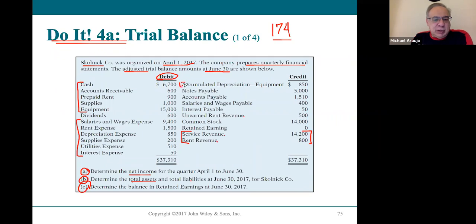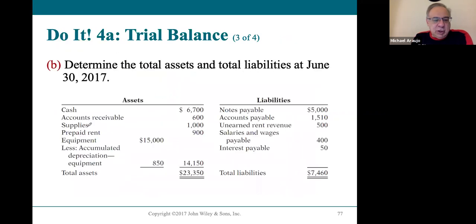Plus your accumulated depreciation is going to piggyback on the equipment with the assets because it's a contra asset account. So when you look at your assets here, you'll see cash, receivables, supplies, prepaid rent. Equipment minus accumulated depreciation gives you the book value. Total assets: 23,350.